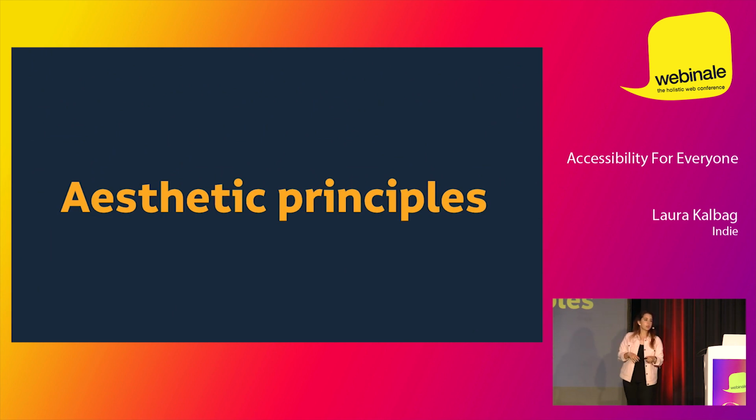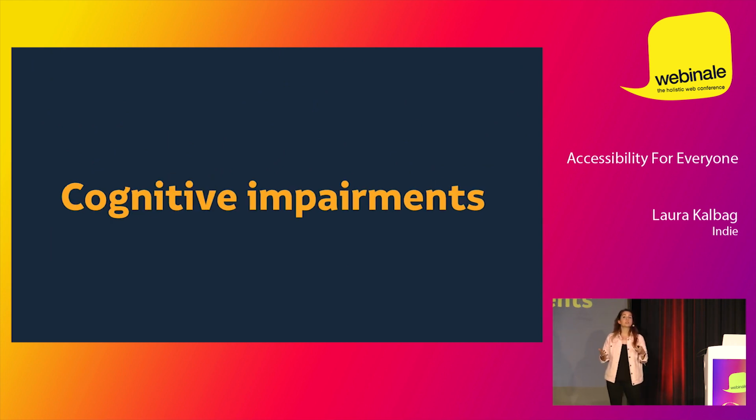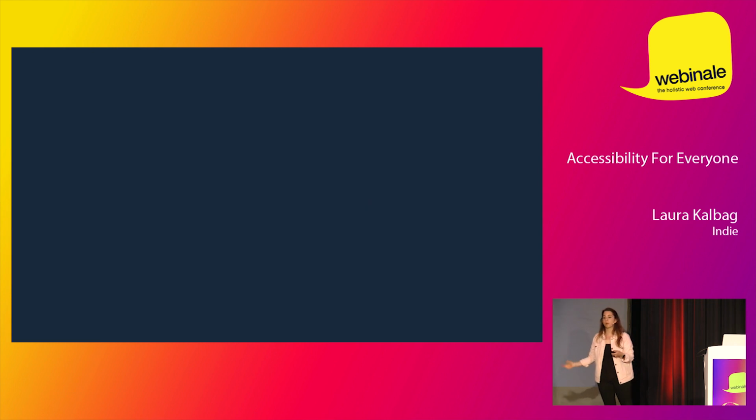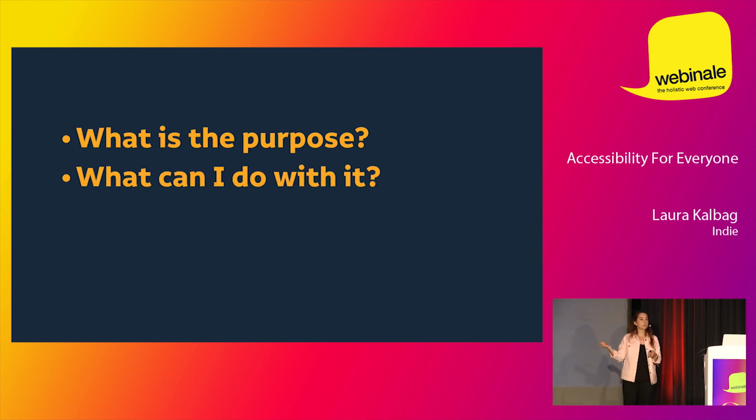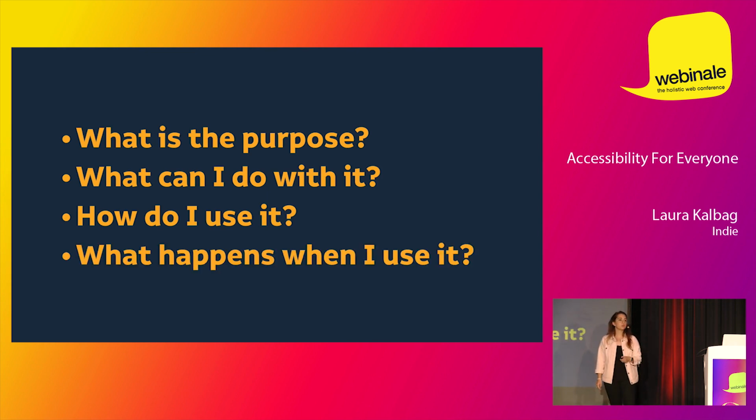So here are some aesthetic principles from the perspective of creating actual functional interfaces. This is particularly important for people with cognitive impairments and will be valuable to people who are new to technology and new to the conventions that we use around the web. So we need to create interfaces where you really understand what's the purpose, what can I do with it, how do I use it, and what happens when I use it.